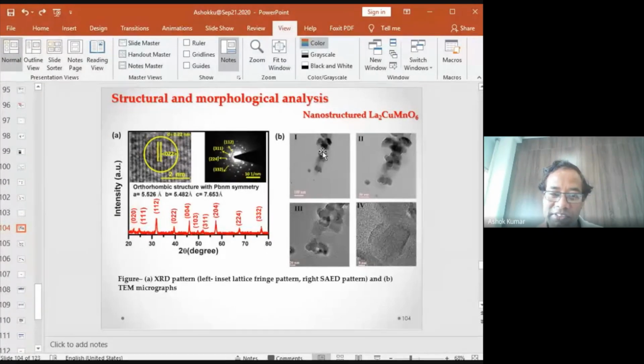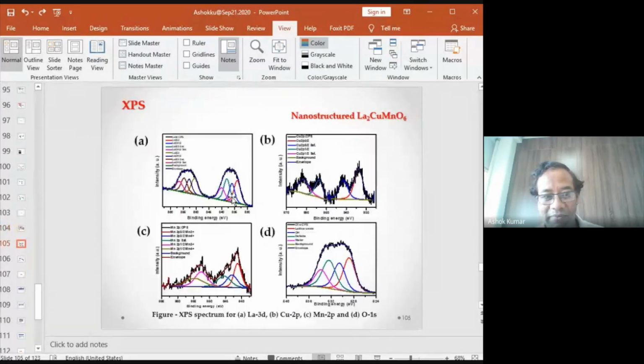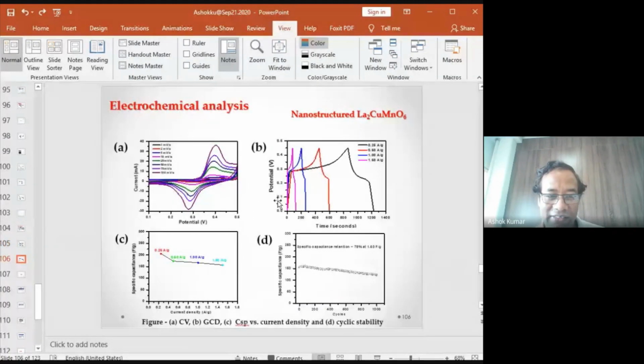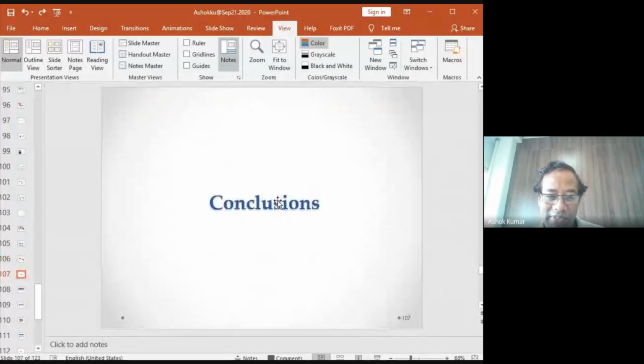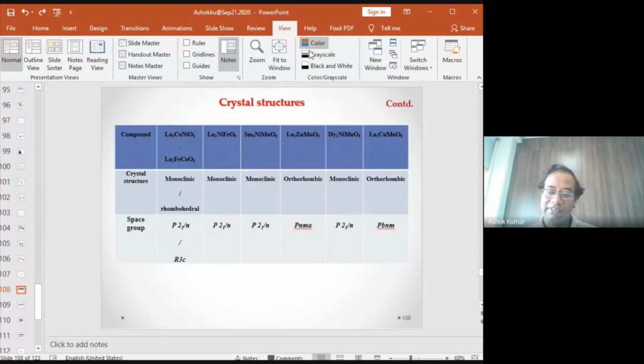Pore size distribution is also important. So there are many things, and depending on this morphology and the material, you can relate how they are showing this performance. I will not go into these details because we understood these already. And the purpose of XPS we also understood, why we are doing XPS for different materials, and this electrochemical also we understood. So let's make the conclusion for this particular part.